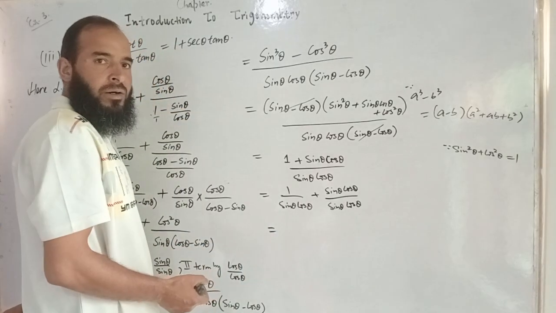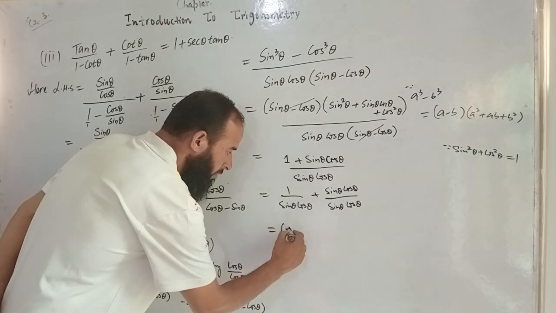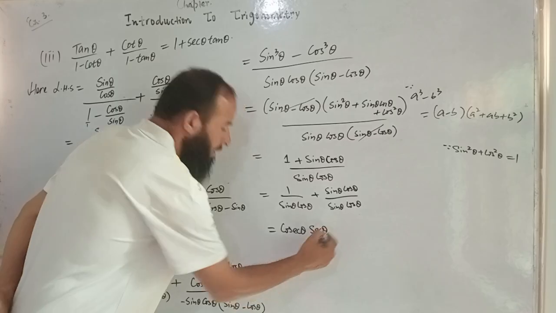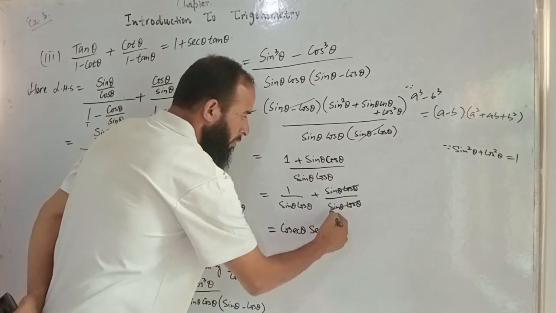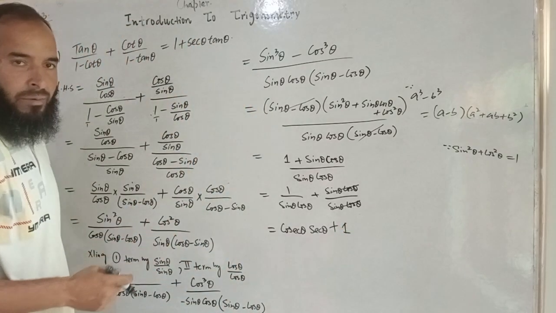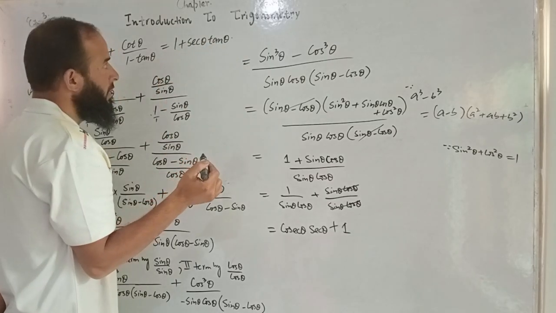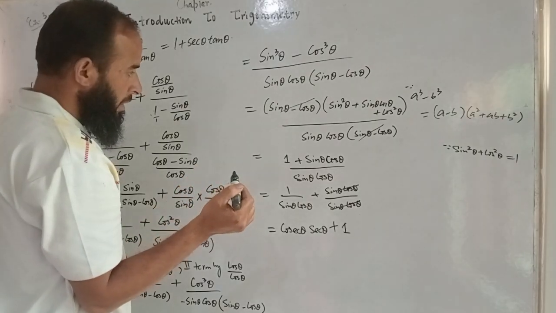1 upon sin theta cos theta, it will be 1 upon sin theta, what is that? It is cosec theta. 1 upon cos theta, that is sec theta, plus this and this will go, it will be 1. So what is our RHS?